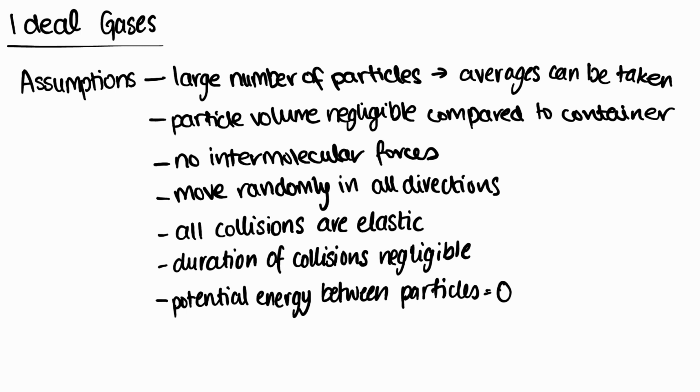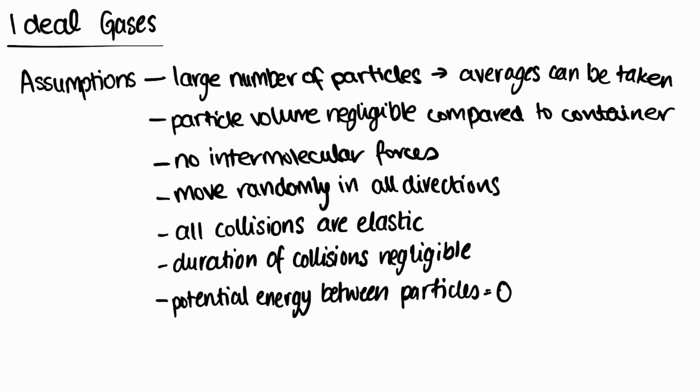Then the assumptions we use in ideal gases that allow us to calculate and approximate for real gases are that they have a large number of particles, which allows us to take averages and calculate things. The volume of the particles is negligible compared to that of the container.